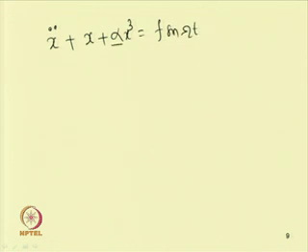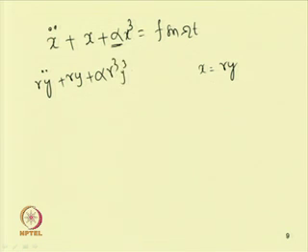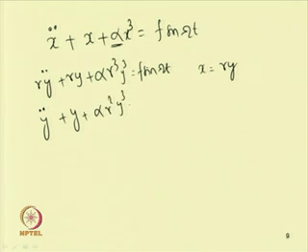Now, if I take x equal to r y, this equation becomes r y double dot plus r y plus alpha r cube y cube, equal to f sin omega t. This way I can write y double dot plus y plus alpha r square y cube equal to f sin omega t.